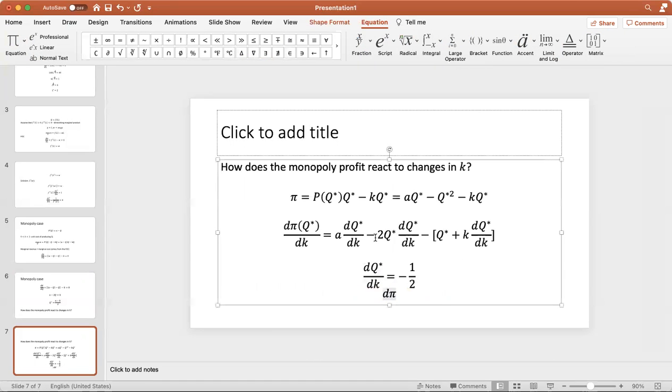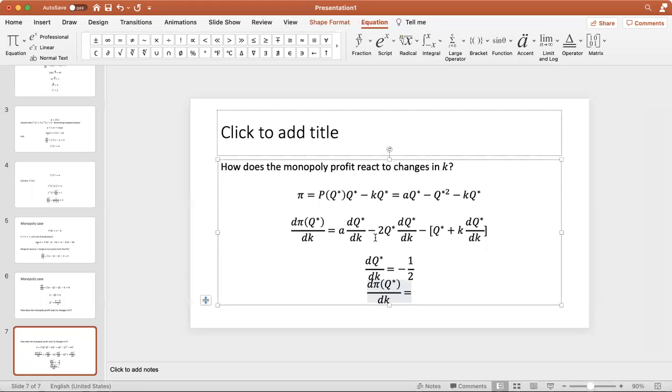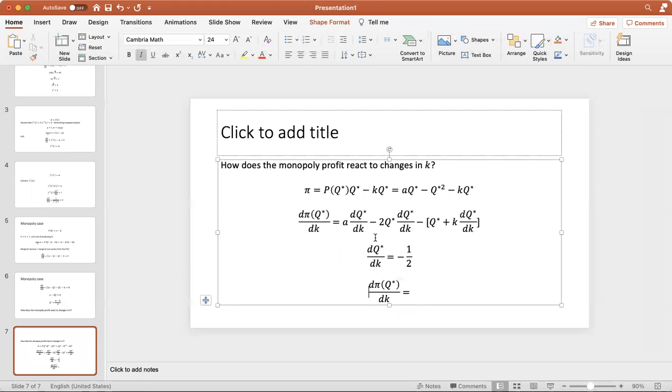So you'll have dPi over dk equals negative A over 2, plus Q star minus Q star. Q star will basically disappear.